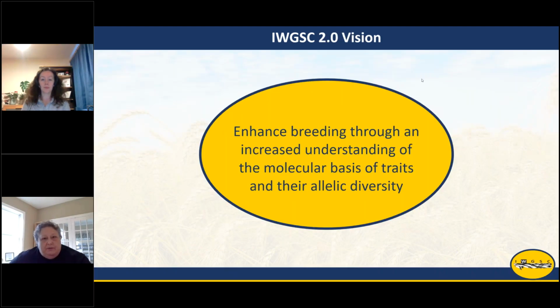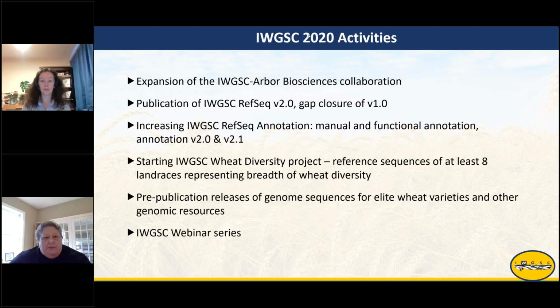Our vision 2.0 is to really enhance breeding through an increased understanding of the molecular basis of traits and their allelic diversity. Some of these activities include expanding our collaboration with Arbor Biosciences.